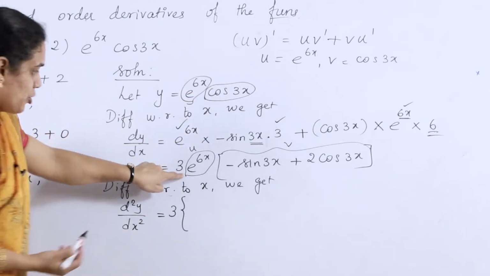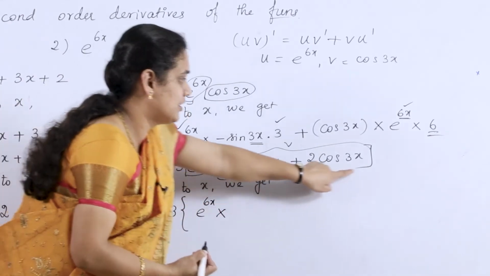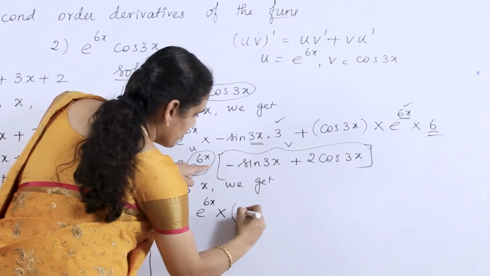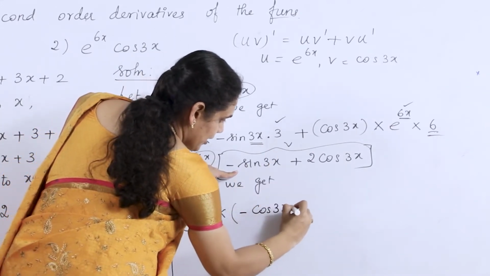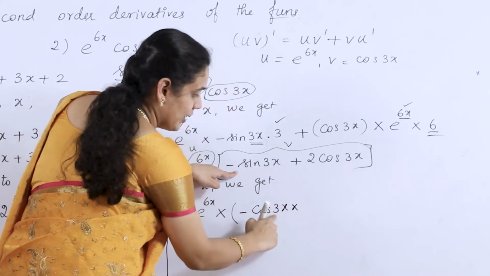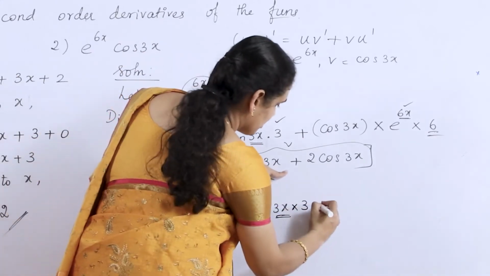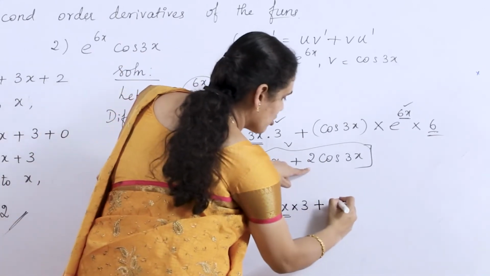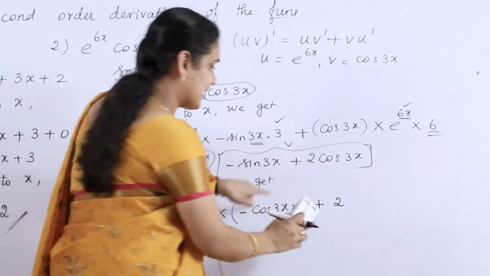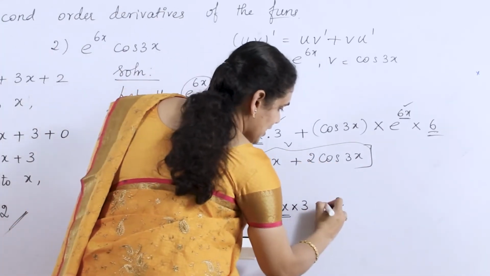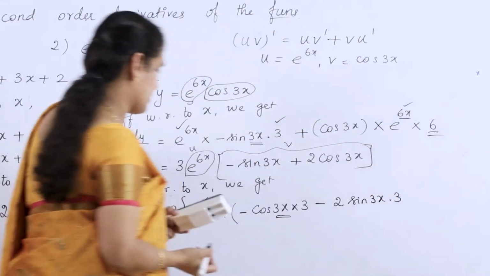So you keep u constant first, e to the power 6x into, we have to differentiate this bracket. So minus sine 3x, differentiation is cos 3x into 3, right? Differentiating 3x, we get 3. Then plus, here 2 is a constant and cos 3x derivative is minus sine 3x, so plus of minus is minus, so minus sine 3x into 3.